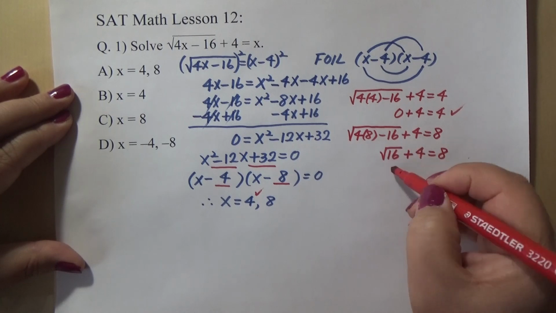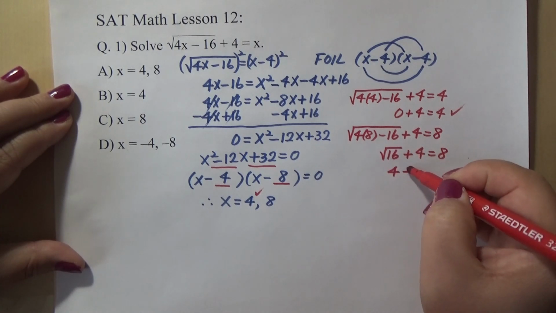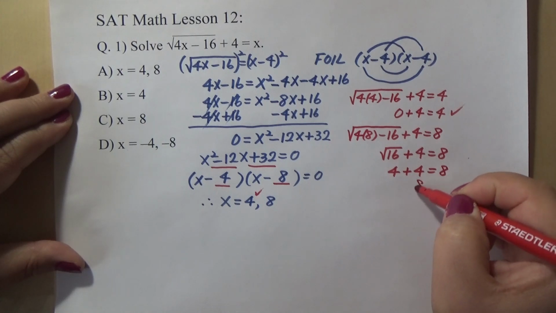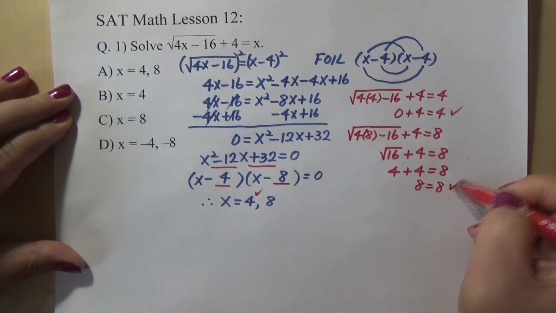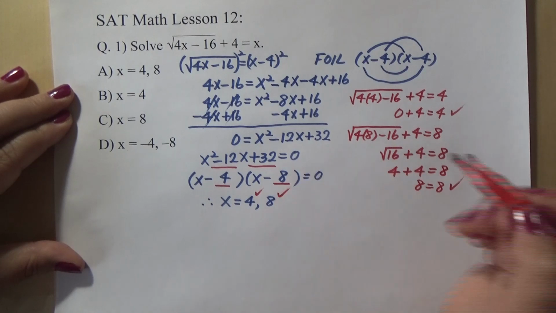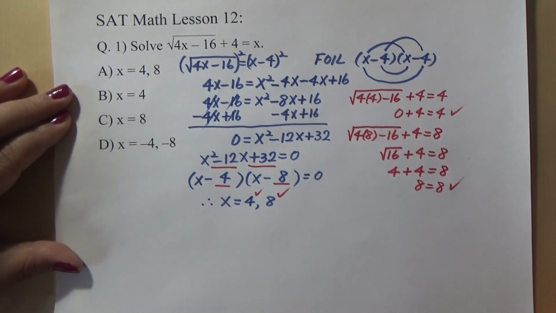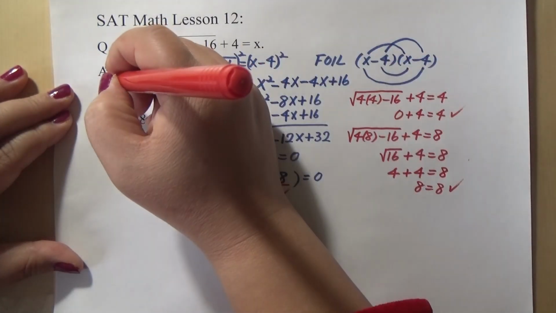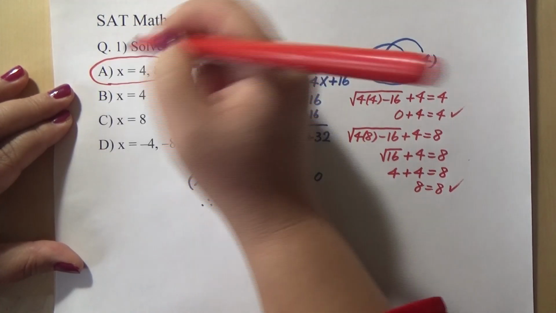So square root of 16 is 4. 4 plus 4 is equal to 8. 8 is equal to 8, which is true. So this is also the answer. So the answer is 4 and 8, which is A here.